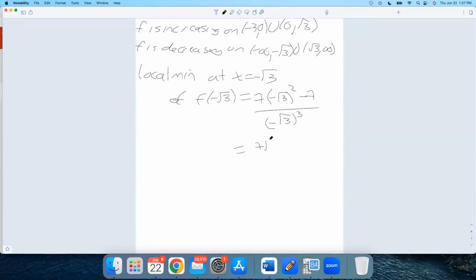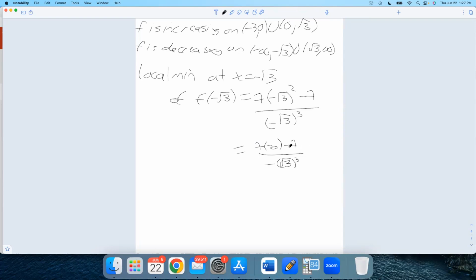I'll get 7 root 3 minus, oh, I lied. Negative root 3 squared is just 3. And then negative root 3 cubed is going to be negative root 3 cubed. There's not much we can do with it. We could simplify the radical, but it doesn't really matter.